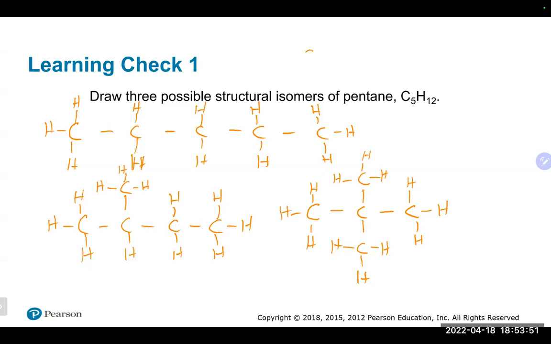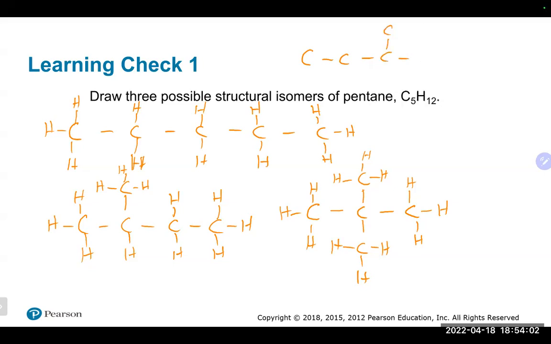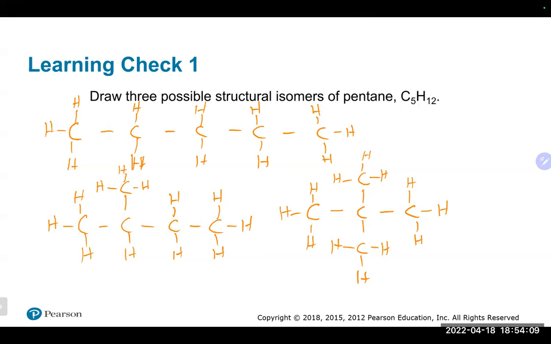So let me just draw this one here for fun, maybe. Actually, I have to do this. Okay, so I drew here 4 structures.